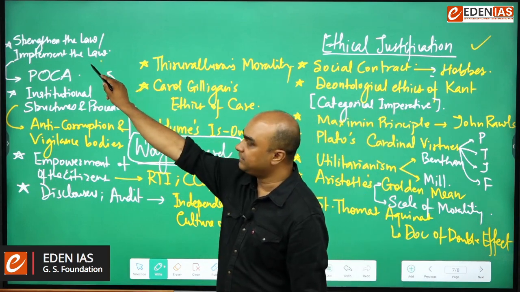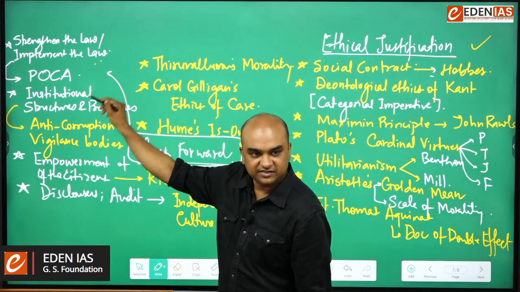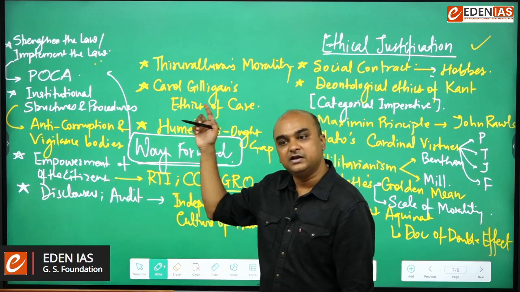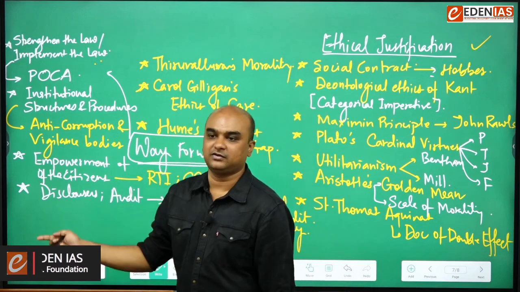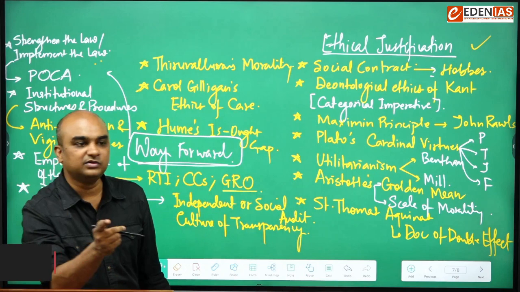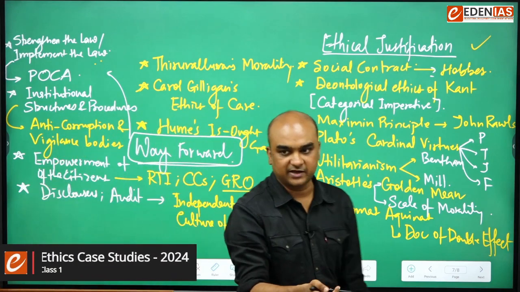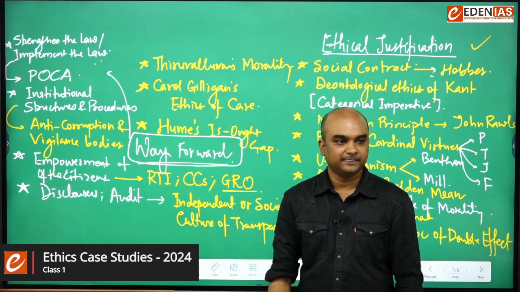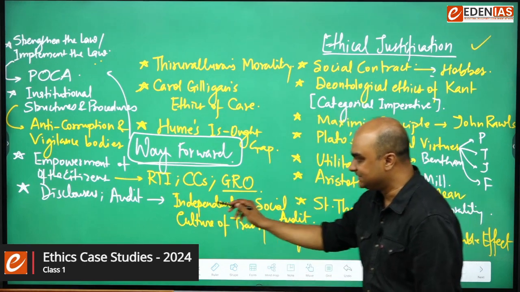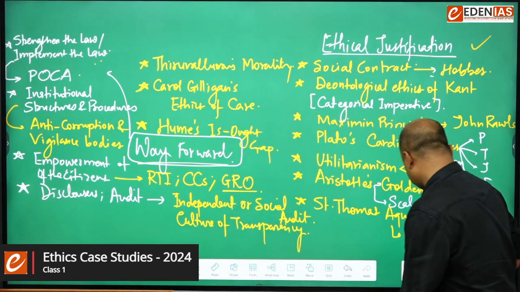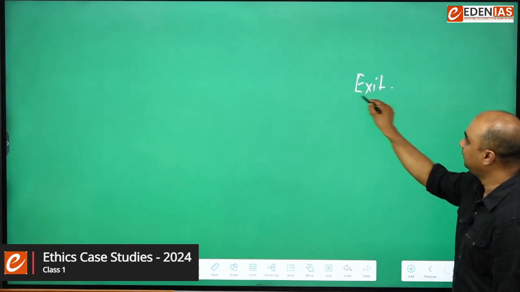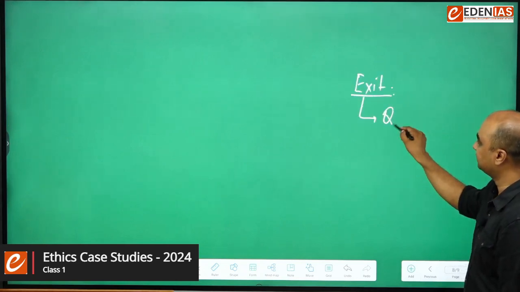Strengthening of the law, implementation of the law, strengthening of the institution, empowerment of the citizen, and building a culture of transparency, accountability, information sharing, and auditing. Do you get that? Now it is the time to exit. So you can exit now by using, say, quotes.